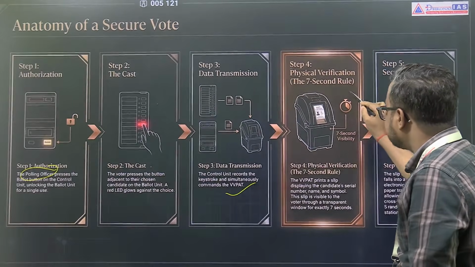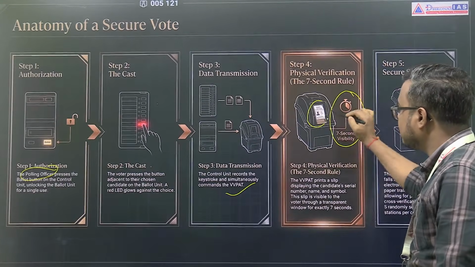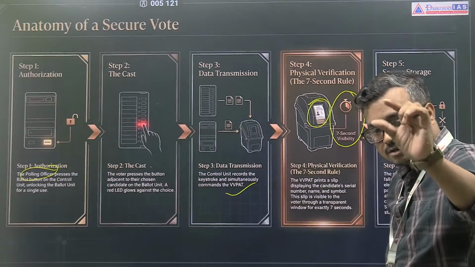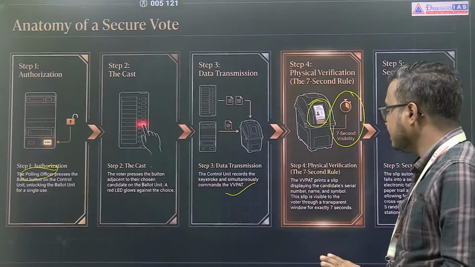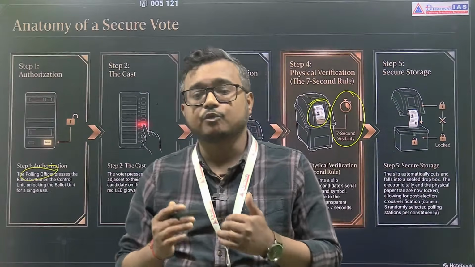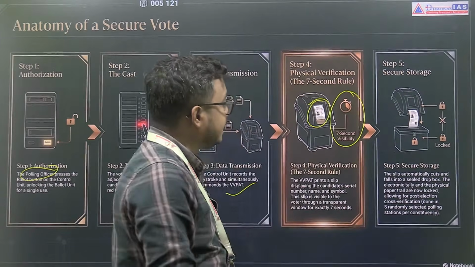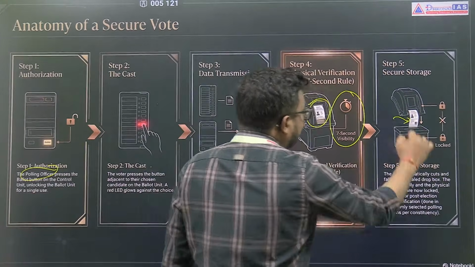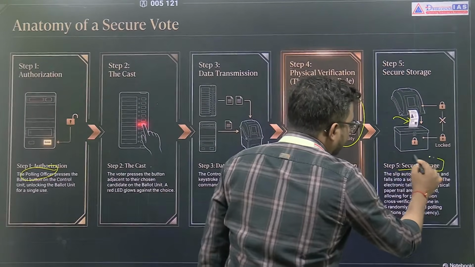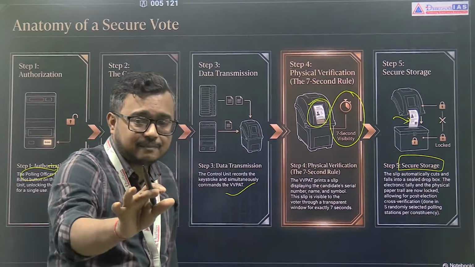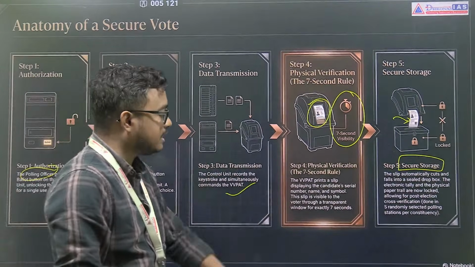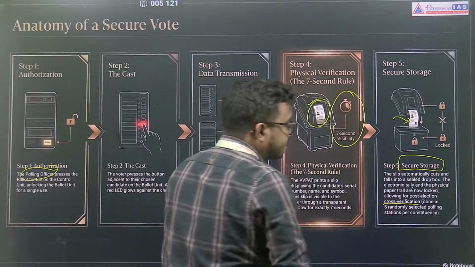Then you will see this particular part where you can see the name and symbol, so that you are assured that whoever I vote for, my vote will go to that person only. Then that paper will be stored in a secure storage to randomly check voting trends after the election, as cross verification.